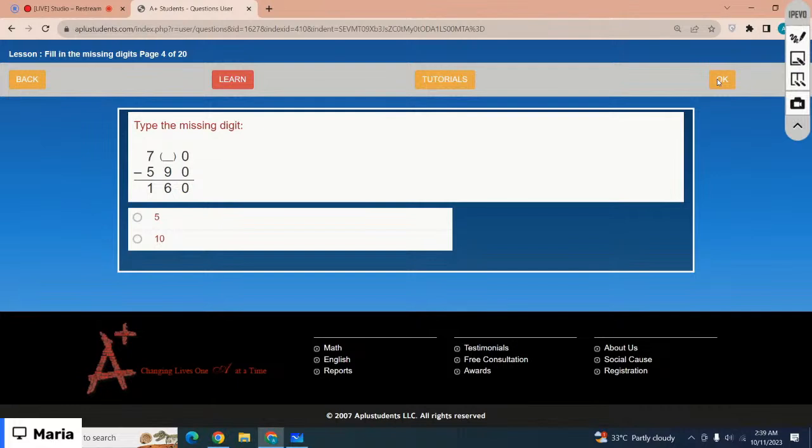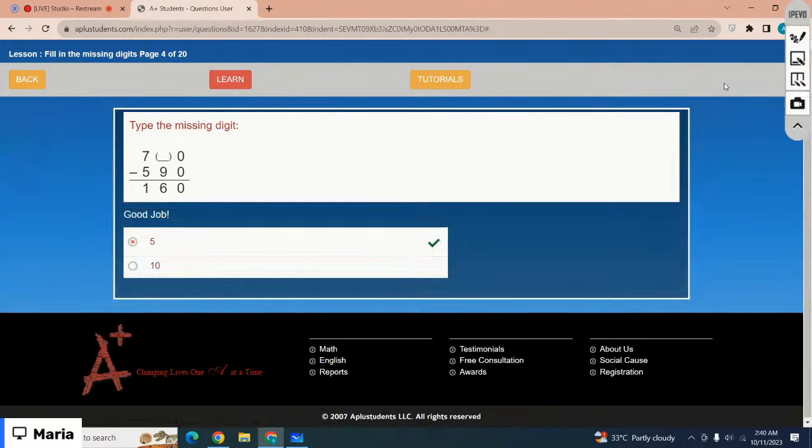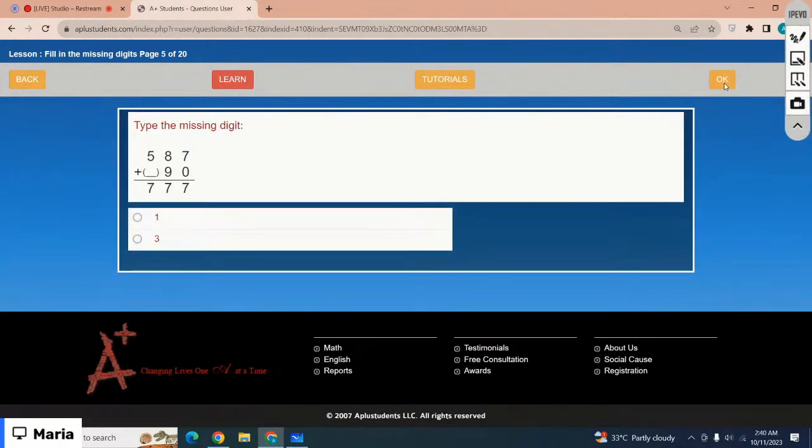Yes, the missing number is. Very good. That would be 5. Okay, type the missing digit. Which digit is missing? Very good. That would be 1.